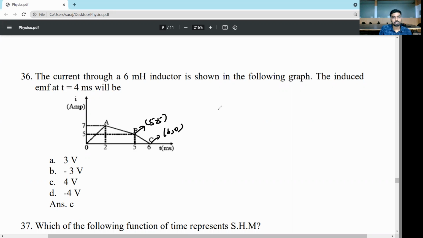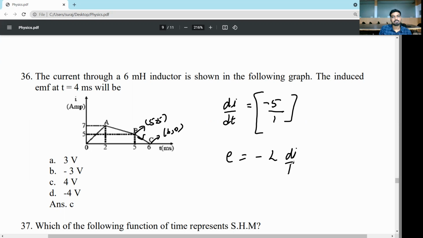Slope is di by dt equal to y2 minus y1 over x2 minus x1, which is 0 minus 5 over 6 minus 5, so minus 5. So the current is decreasing, right? E is equal to minus L di by dt, where L is 6 millihenry.